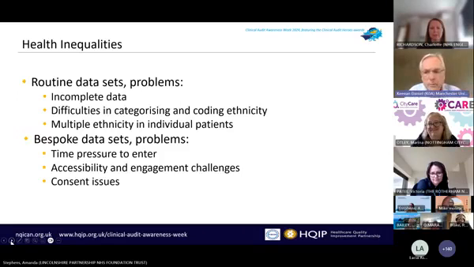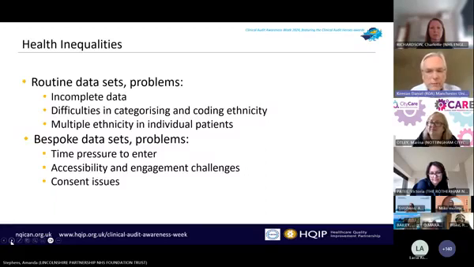The routine data in this area was basically HES data. So it was incomplete data, and then problems with coding. I suppose this was predictable. Nevertheless, it was very good to tie it down and say, well, these are the problems. So incomplete data, difficulties with categorizing coding, and then unbelievably, multiple ethnicities put in for the same individual patient.